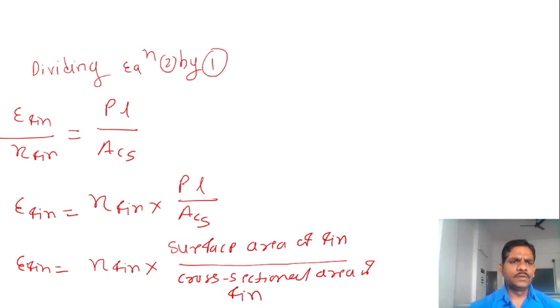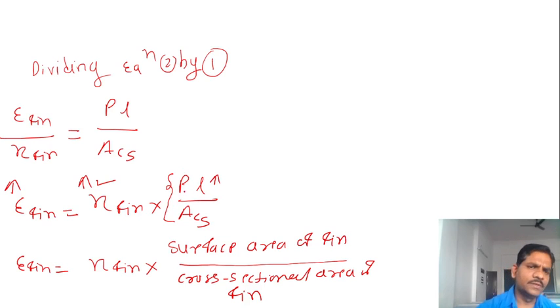Okay, so here we see that effectiveness depends on fin efficiency. As fin efficiency increases, effectiveness also increases. Effectiveness also depends on the ratio P upon ACS. As P upon ACS increases, effectiveness also increases, and effectiveness also depends upon the length of the fins.